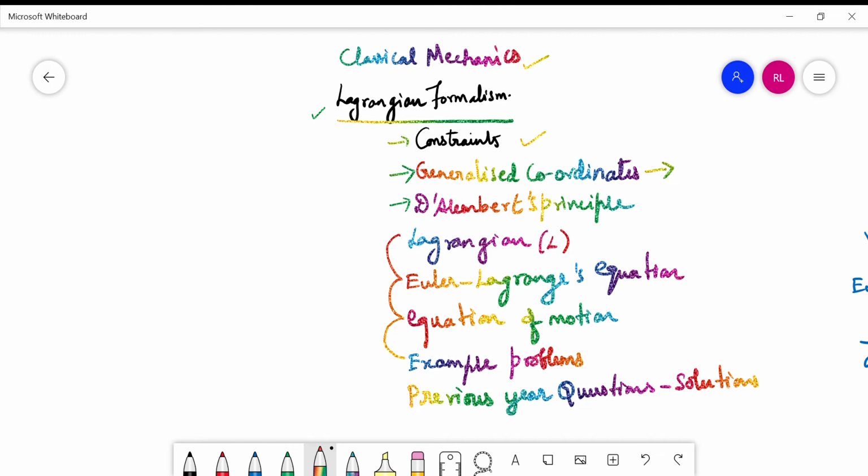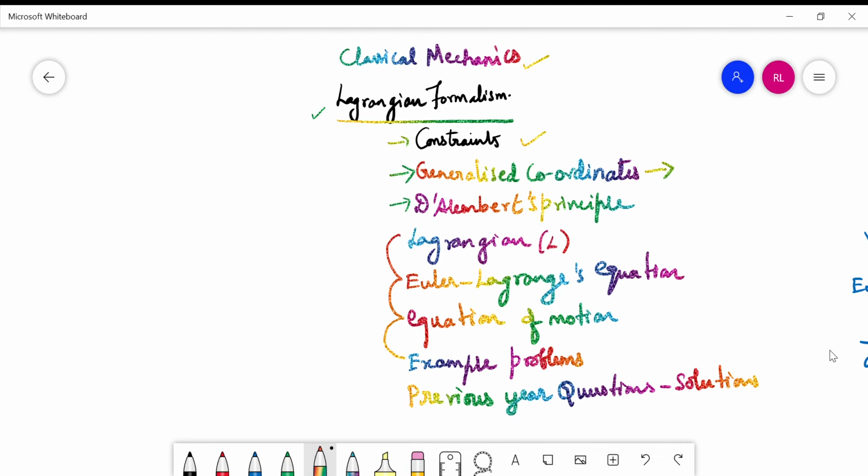So we'll be dealing with this, and with the help of D'Alembert's principle, we derive the Euler-Lagrange equation, and we know what is meant by the Lagrangian. And once we have a Lagrangian and the Euler-Lagrange equation, we will be getting the equation of motion of a system. Okay, so this is the procedure in order to get an equation of motion.